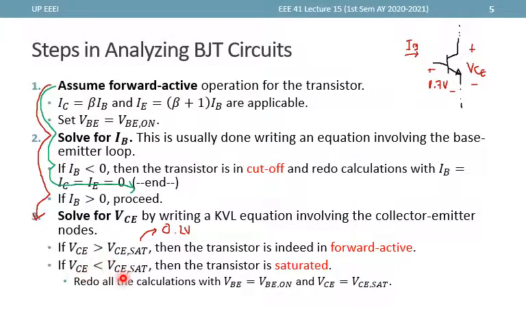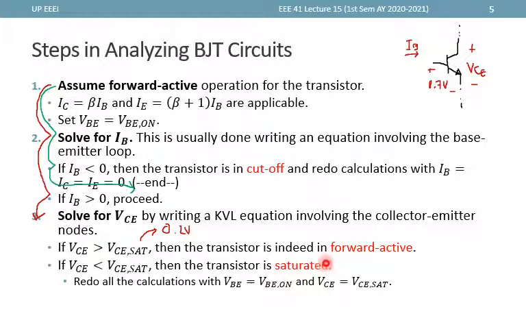But if it is less than VCE sat, then it is not in the forward active region, it is not in the cutoff region, but it is in the saturation region, or the transistor is saturated. And in this case, we redo the calculations with VBE equal to VBE on, and VCE equal to some constant VCE sat, which is approximately 0.2.